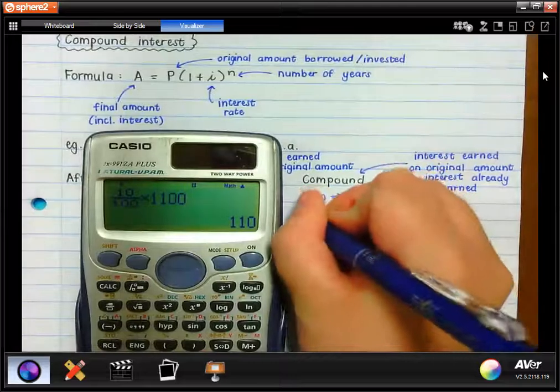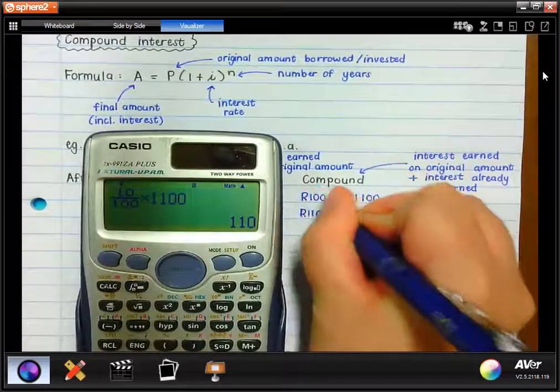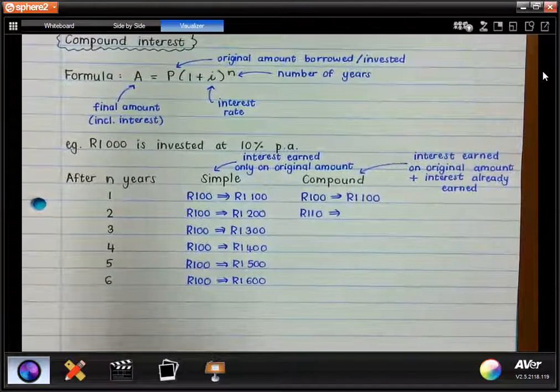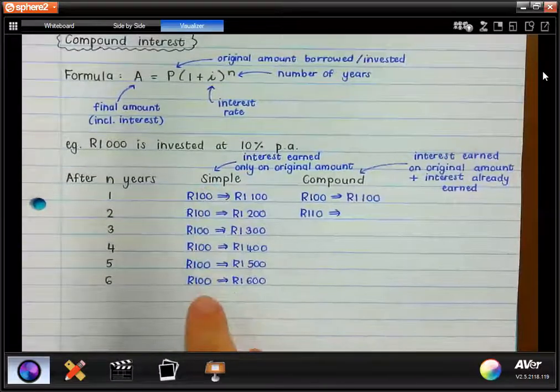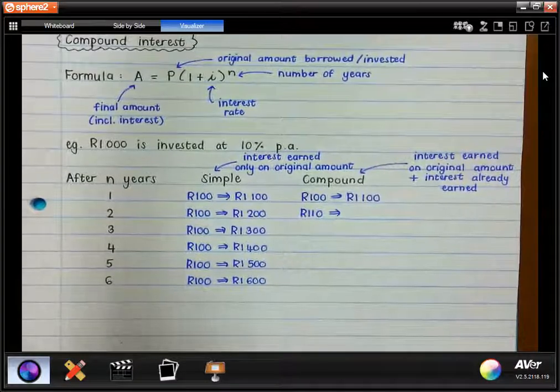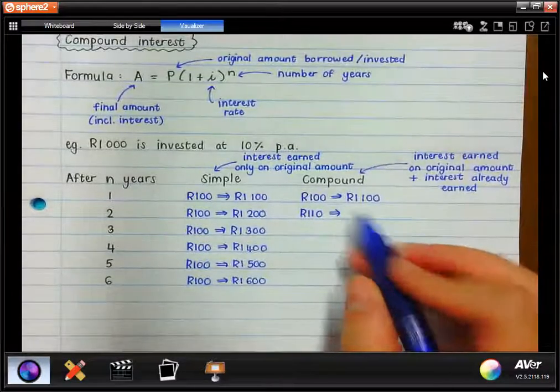Okay, so in the second year for compound interest, we are already earning more interest than with simple. That's what I want you guys to notice. Do we see that? On simple interest, because we're just earning interest on the original amount every time, we keep earning 100 Rand. But with compound interest, as you have more money in the account, you are also going to earn more interest. And that's actually how it works in real life. Okay, so now how much money are we going to have here?